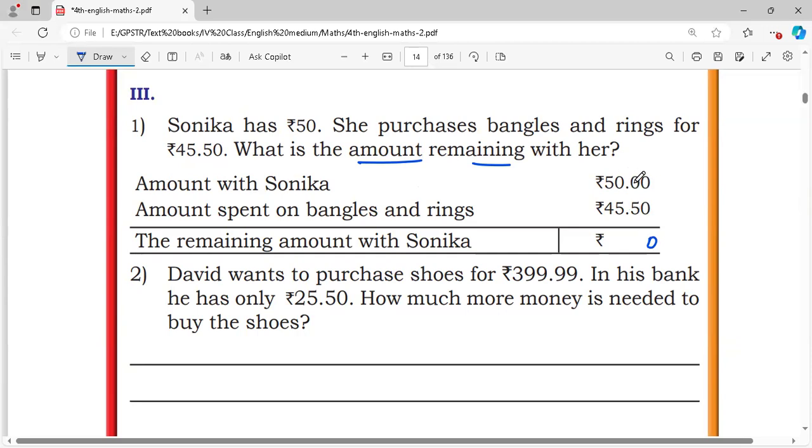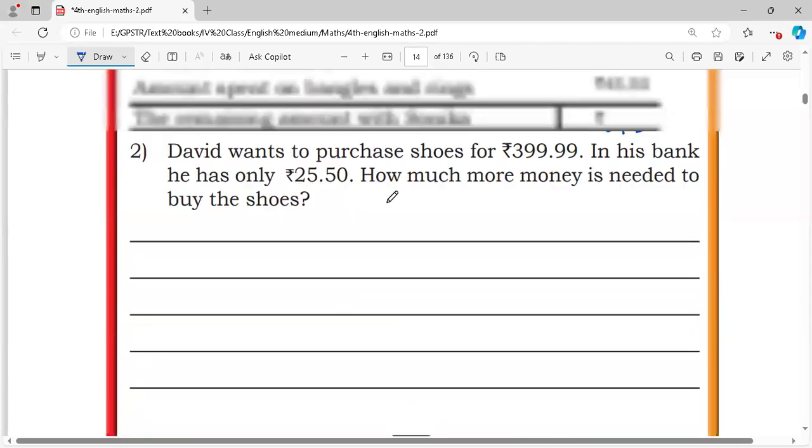Take a 10. It becomes 10 minus 5, 5. Carry 1. 10 minus 6, 4. Carry 1. 5 minus 5, 0. Remaining amount Sonika has 4 rupees 50 paise.